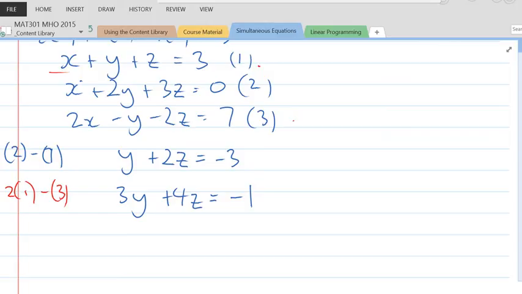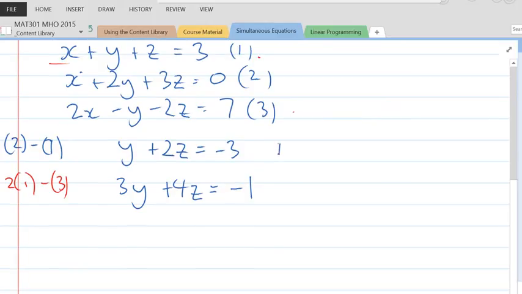So what am I going to do? Well, let's call that one 4 and this one 5. So I might eliminate the z's. So I could go equation 5, take away 2 lots of 4.